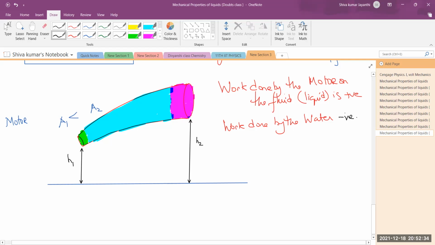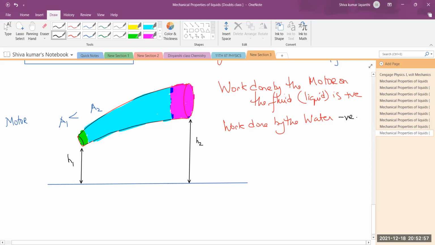Work done by the motor on the liquid is positive, and work done on the motor by the liquid is negative.